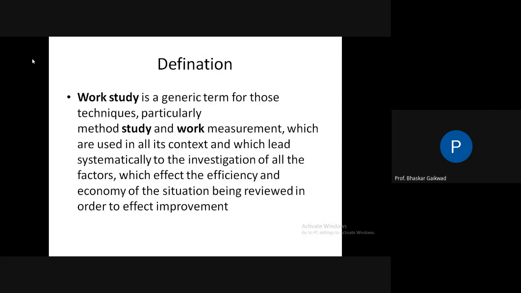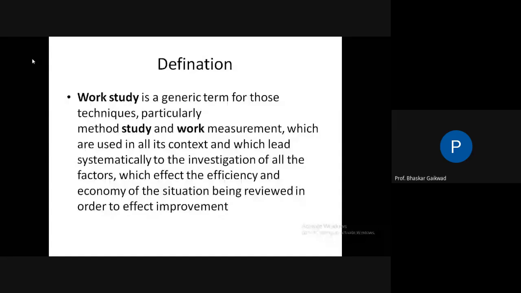Now, in today's lecture we are going to see work study: the definition of work study, its objective, its importance, the procedure for work study, and its relation with the simplification of the product and human relations. We will see these things in today's lecture.